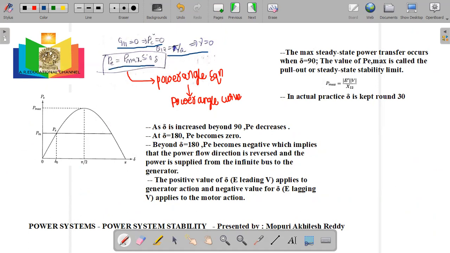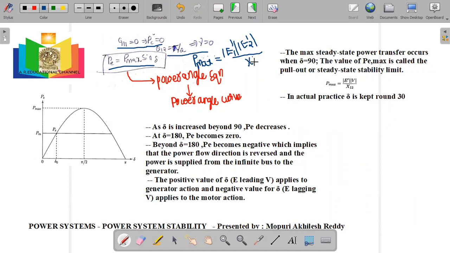So this is the final equation: PE is equal to P max sine del, where P max is equal to modulus of E1 dash into modulus of E2 dash divided by X1. This is called the power angle equation.